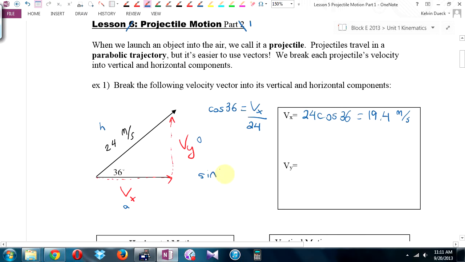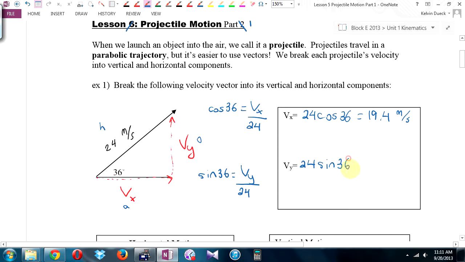In fact, Greg, you may notice that my equation looks almost identical to the Vx equation, except the only difference is instead of cosine, I've got sine. When I cross multiply and get the Vy by itself, the only difference is there is a sine.